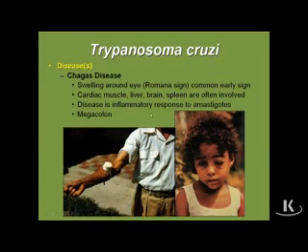And the disease, as I mentioned before, is an inflammatory response to the amastigotes in the tissues. What I'm showing here is something called xenodiagnosis, and sometimes they'll do this in developing countries.